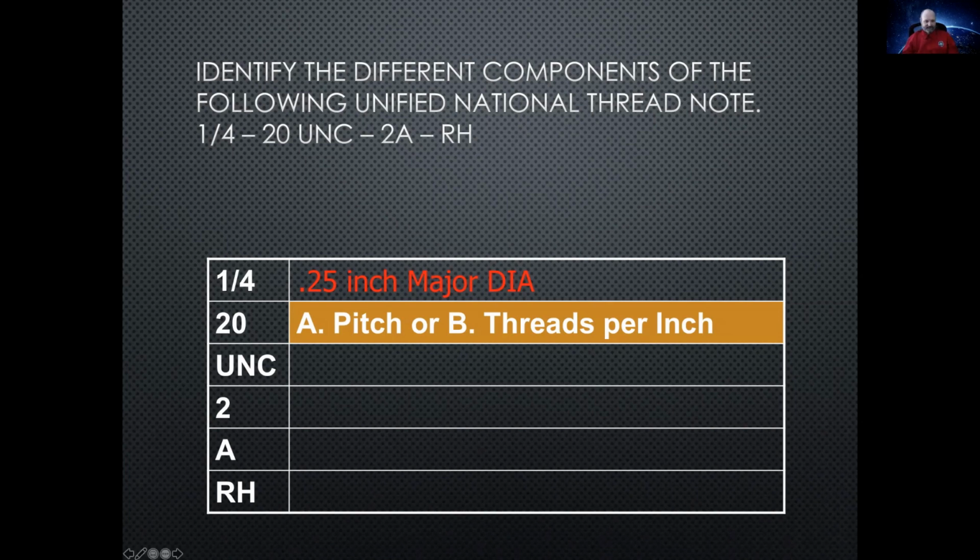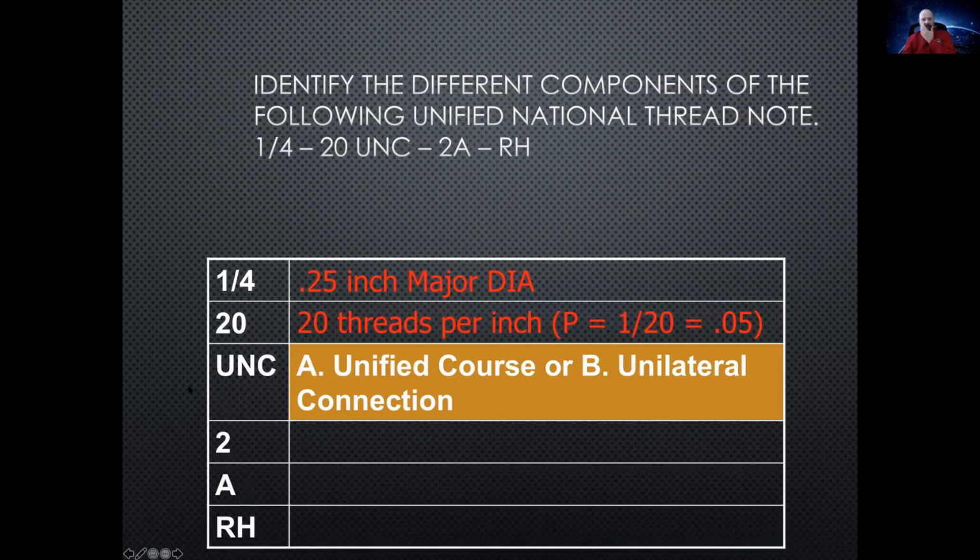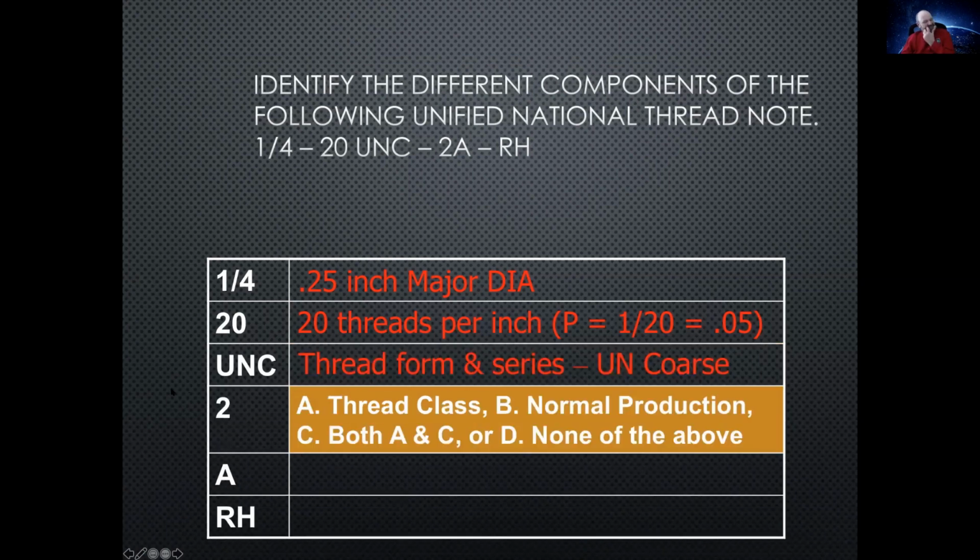All right. So it is B, threads per inch. Okay, unified coarse or unilateral connection. You guys might be able to figure that one out. And then this is a thread class or normal production or both A and C or D, none of the above.